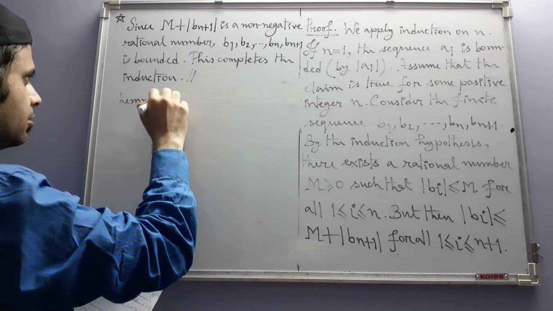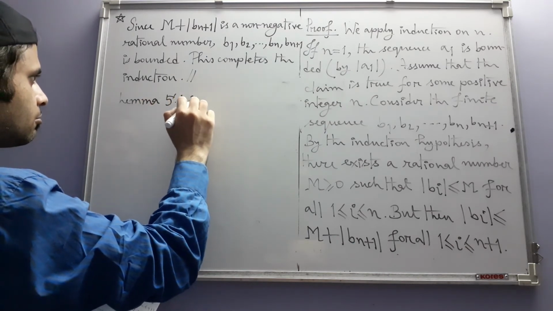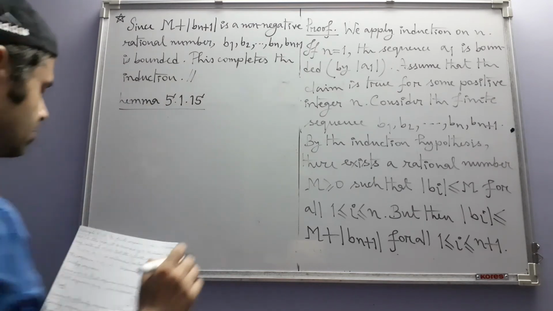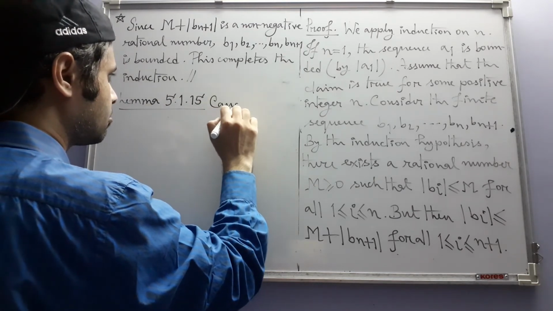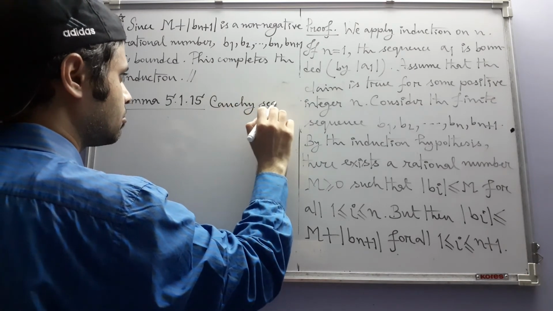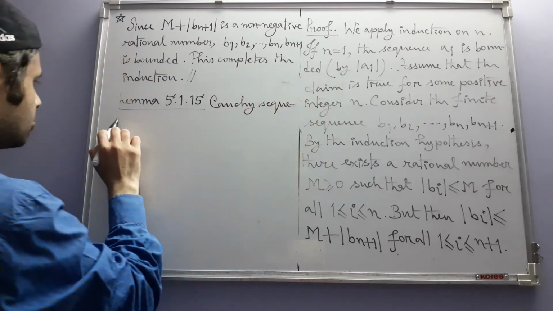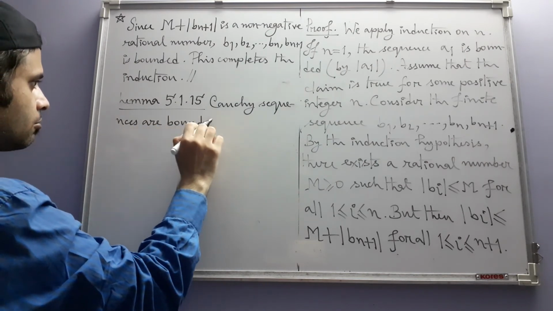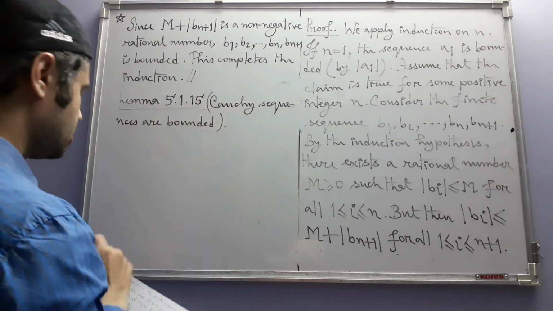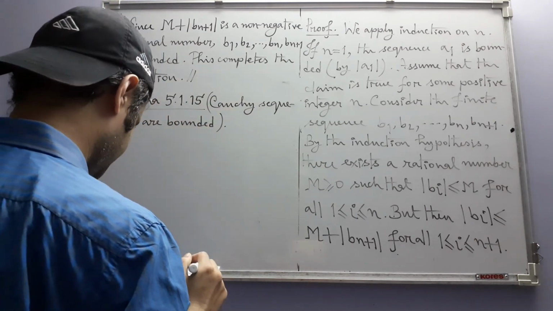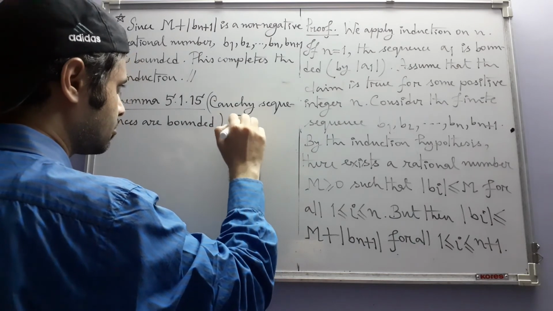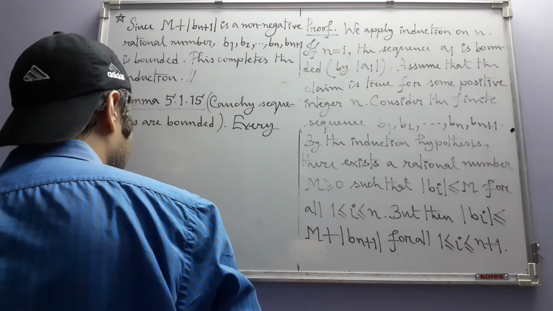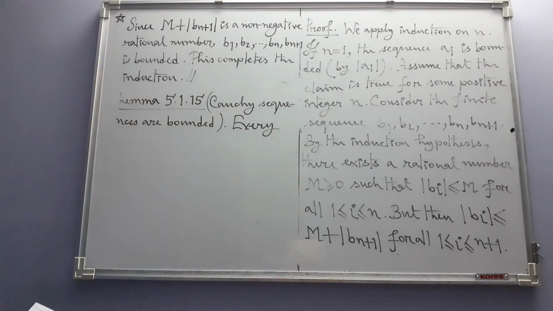Lemma 5.1.15. With this, the section actually ends. Cauchy sequences are bounded. Here also the name of the lemma and the statement are practically the same.